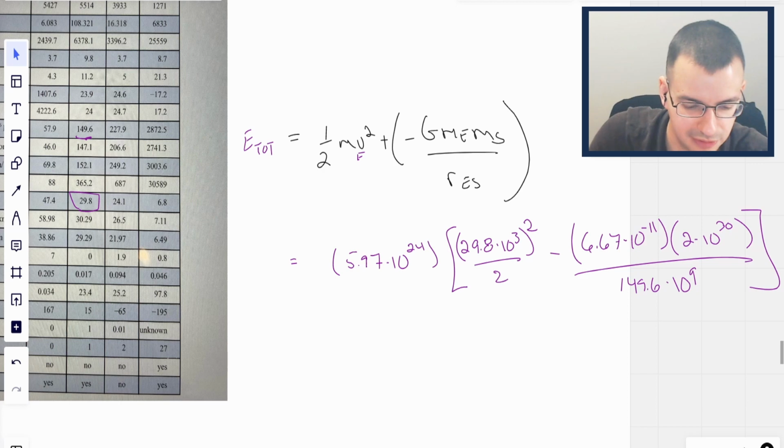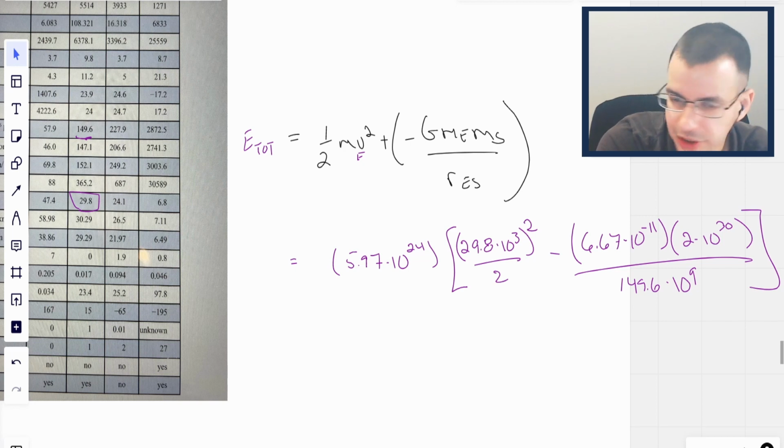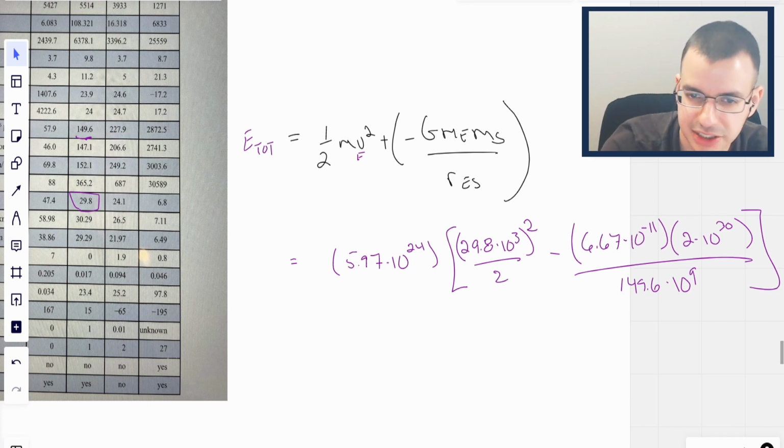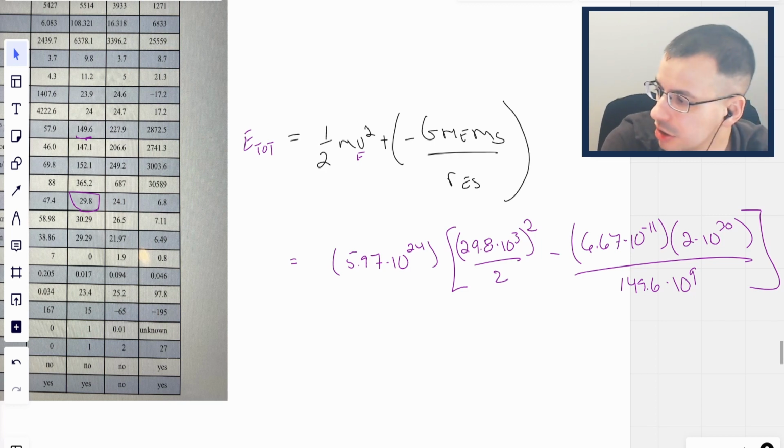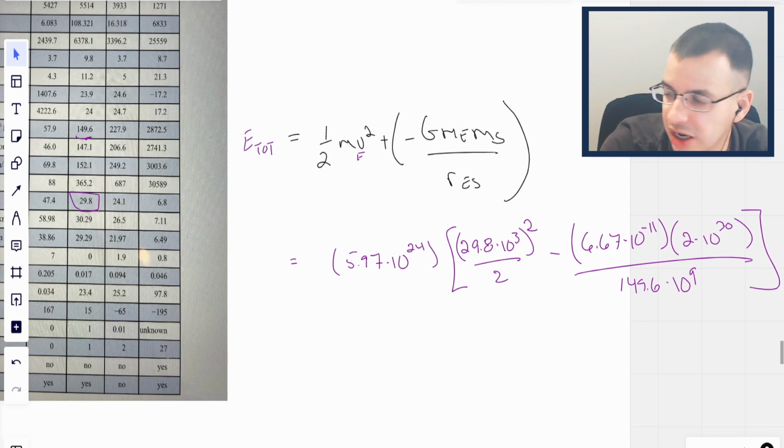Put this into a calculator. Specifically, I'm going to use Wolfram. And we're going to do 5.97 times 10 to the 24th times the quantity one half times 29.8 times 10 to the 3rd squared, minus the quantity over the quantity. The top quantity is going to be 6.67 times 10 to the negative 11th times 2 times 10 to the 30th.